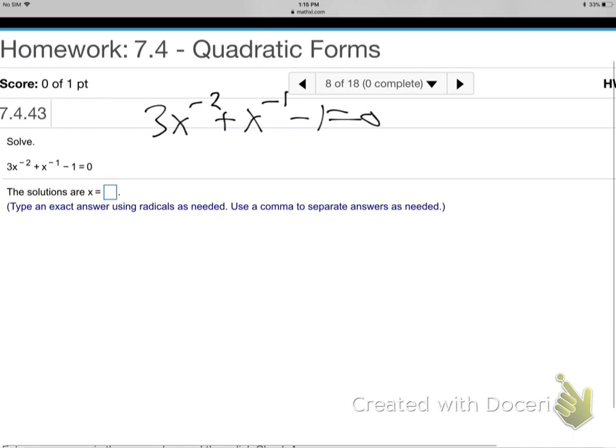When you see x to the fourth or x to the half, let me just put it this way.